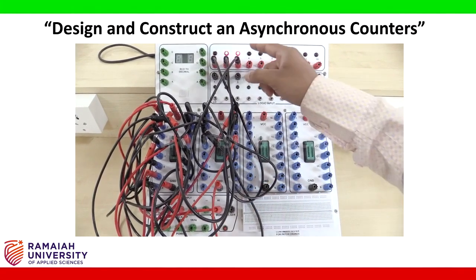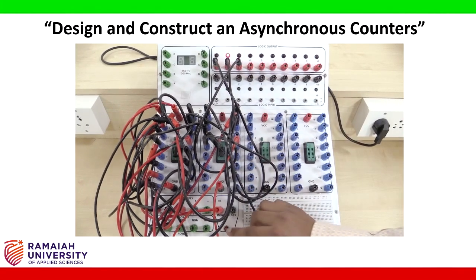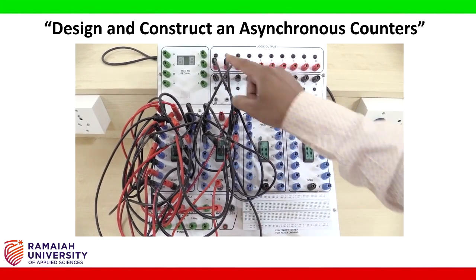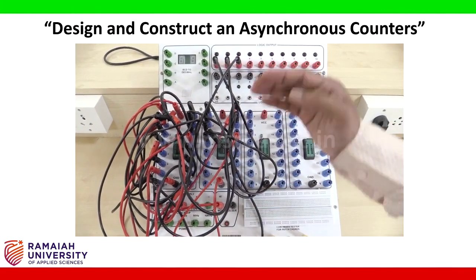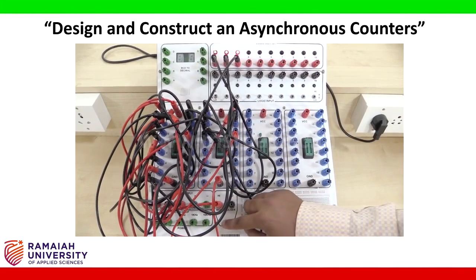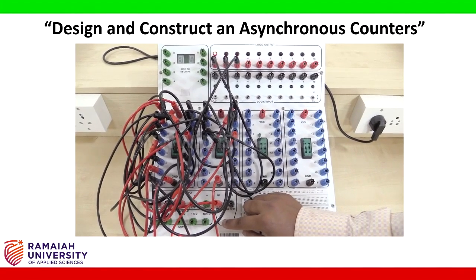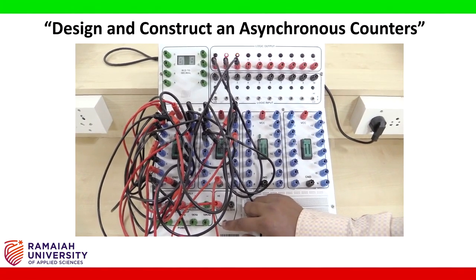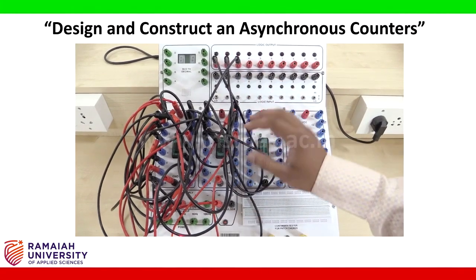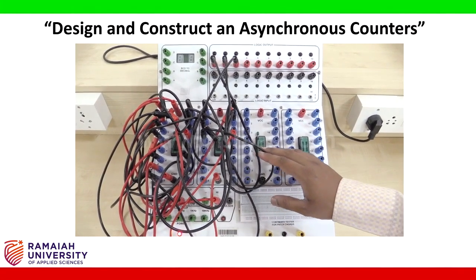Next clock pulse it will become 3, next clock pulse 2, next clock pulse 1, and another clock pulse it will become 0, and the cycle repeats for the next clock pulse. So again it has reached 7, 6, 5, 4, 3, 2, 1, 0. So now this completes the 3-bit asynchronous down counter experiment.